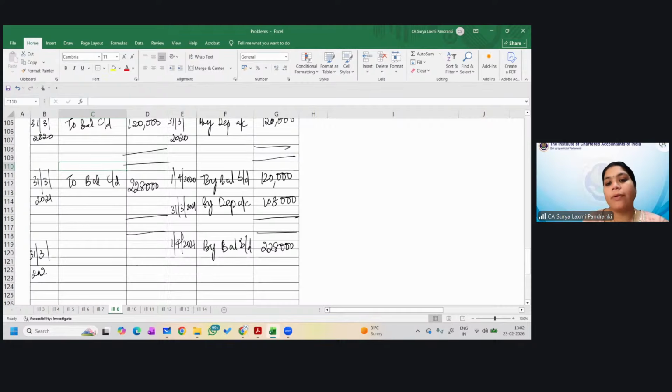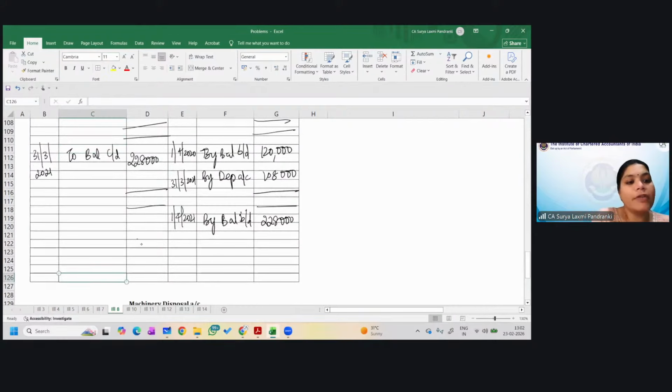You have brought 2,28,000 balancing figure from the last year, right? And now, if you remember, in the middle of the year, we sold a machinery, right? So 2021, to machinery disposal account again. Disposal account.